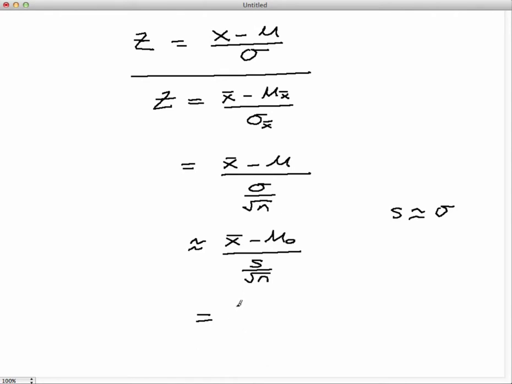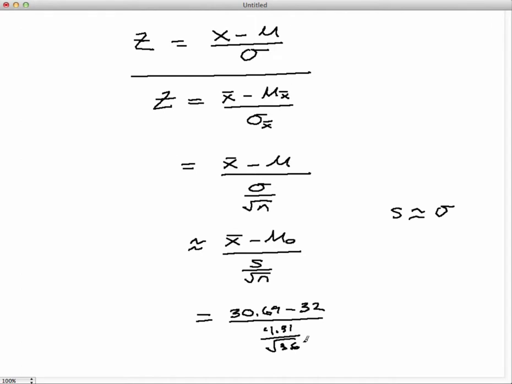Okay. So let's see, what are our values here? So our x bar is 30.69 minus our mu, which the null says that it's 32, divided by s, which is 4.31, over the square root of 36, which is 6, right?